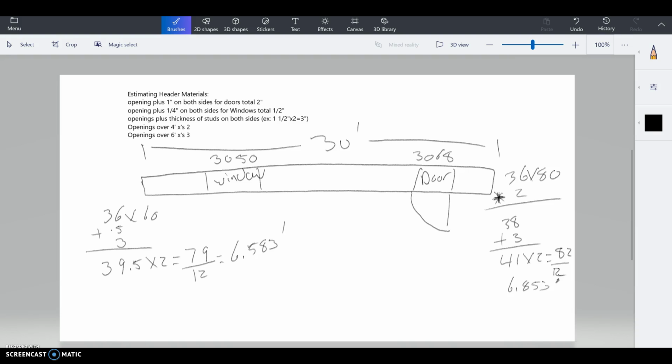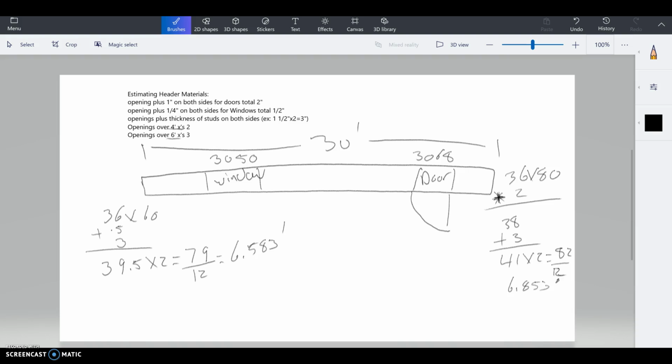Okay, so now that's basically the amount of material that I'll need for a regular 3050 or a regular 3068. But like you see here, where I'm talking about openings over 4 and over 6, let's say this window is now a 4-foot window.